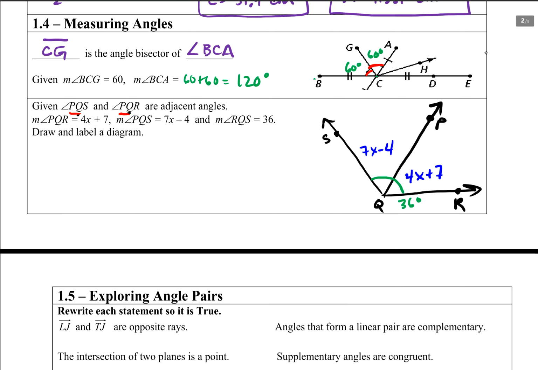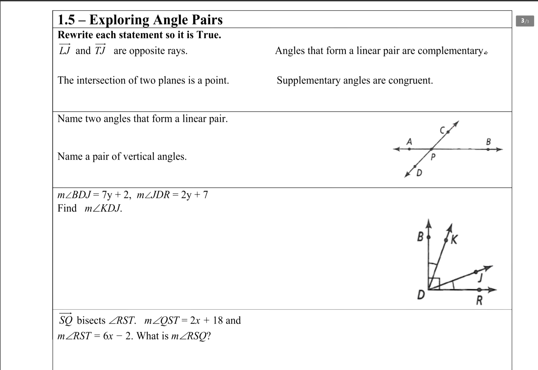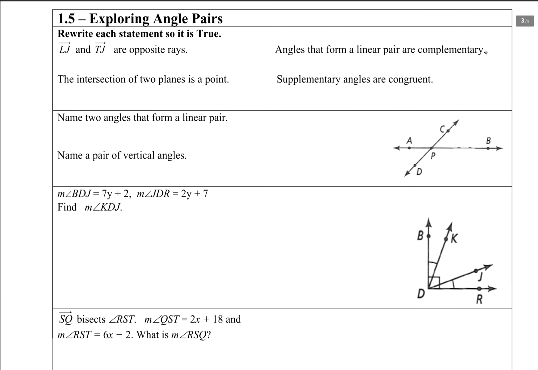As soon as I do that, I see angle addition postulate. But all we're supposed to do is draw and label a diagram, which we did. I still see angle addition postulate. All right, well, that actually wasn't too bad. Let's go on to 1.5. Let's see how far we can go here. Maybe we can finish the whole thing.